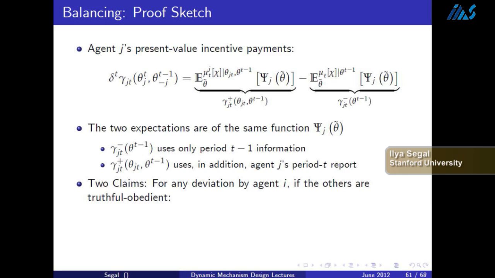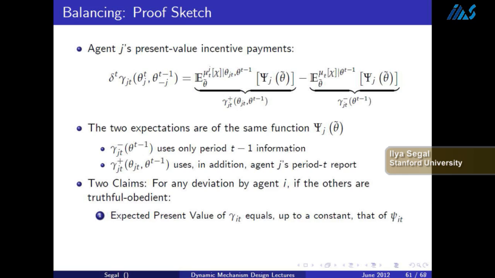The claims are the following. Suppose agent I deviates, but he knows that the other agents are truthful and obedient. The first claim is that if agent I deviates and the other agents are truthful and obedient, then the expected present value of agent I's incentive terms, meaning when you add them up over time and take expectations, will equal, up to a constant, the expected present value of the payments in the original mechanism.